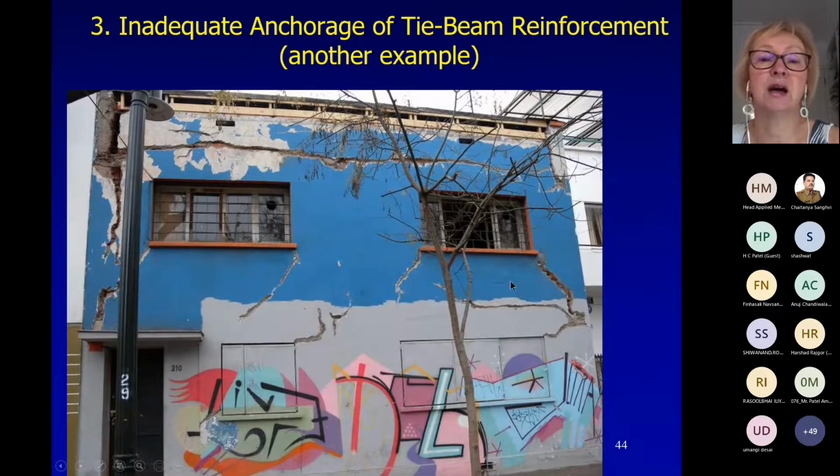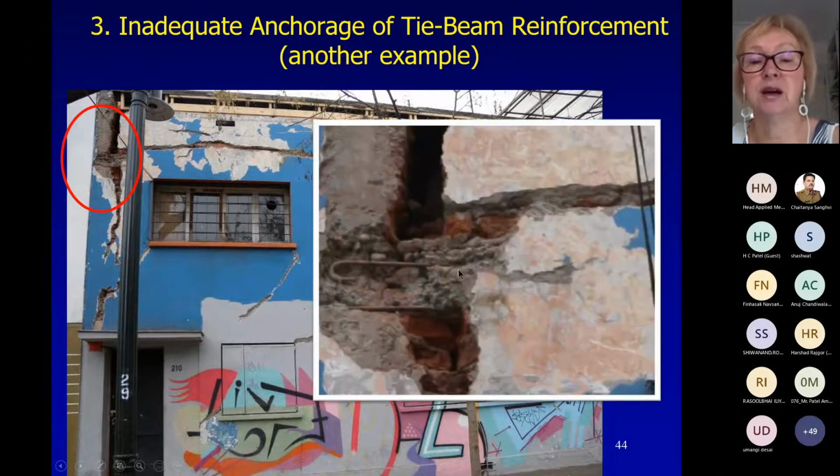This is again in Santiago, 400 kilometers from the epicenter. There was some damage in tie columns in a confined masonry building. This is a confined masonry building with some graffiti, but the damage is at the top level. In the red circled part, you can see how the reinforcement was not continuous.